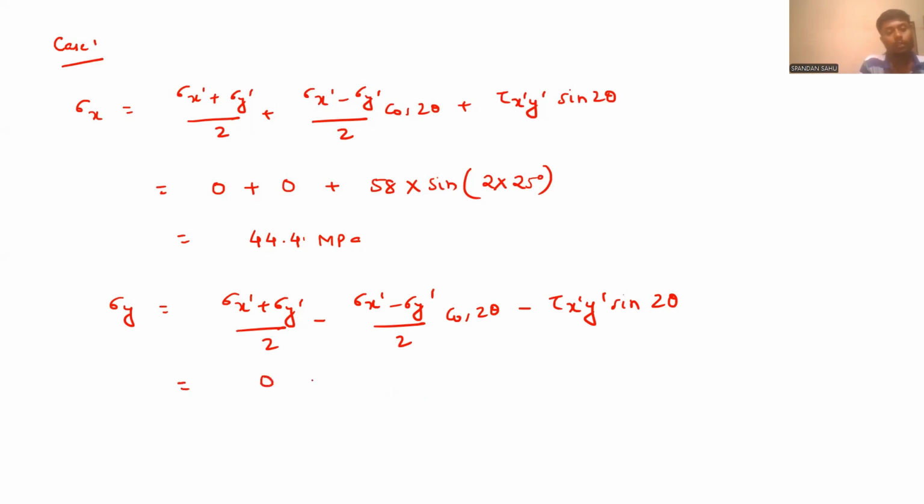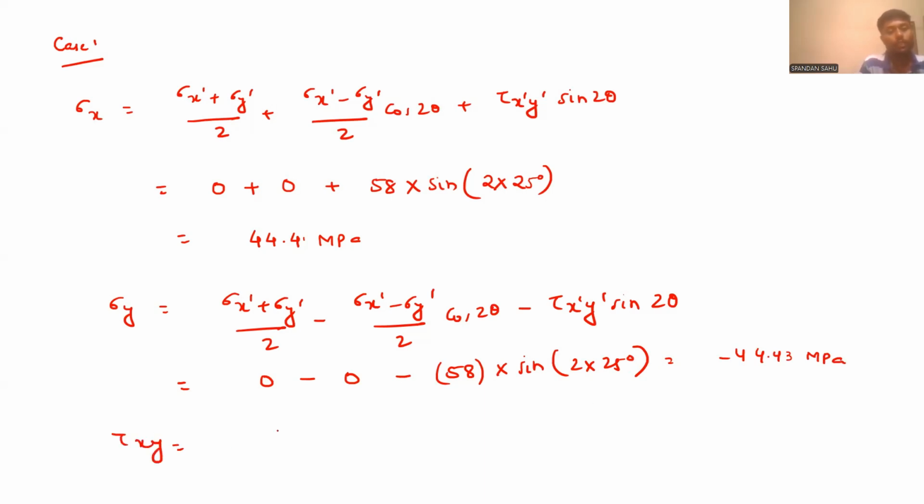So here it will be 0 minus 0 minus of 58 into sine 2 into 25 degrees. So from here we are getting minus of 44.43 MPa.